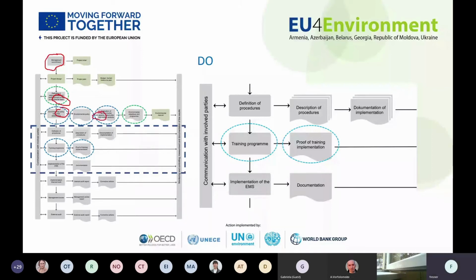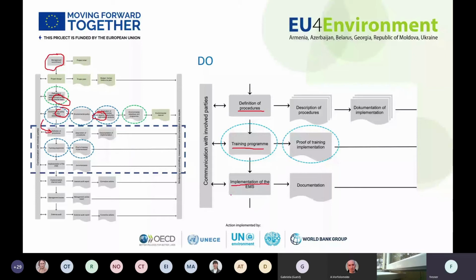And now we are continuing with the establishment of a formal environmental management system, which consists of procedures, the training program, and then what is called implementation. Here means to put all the procedures into practice and to put them into operation.